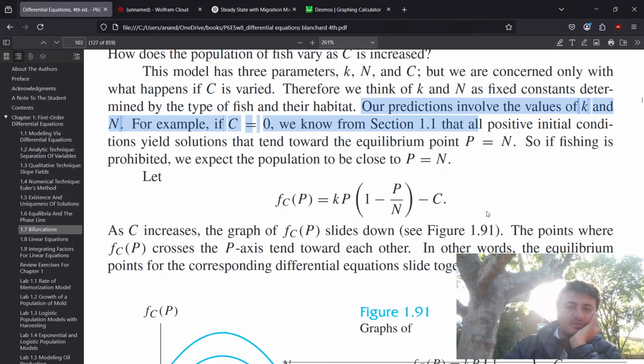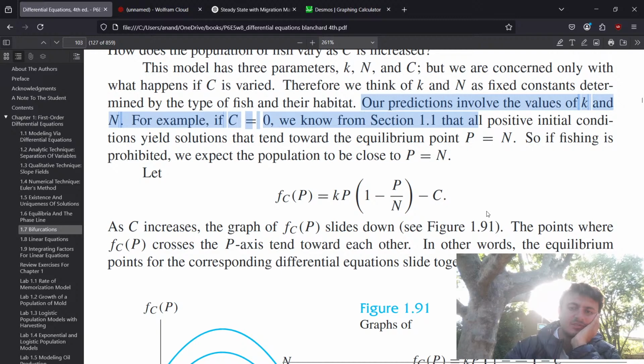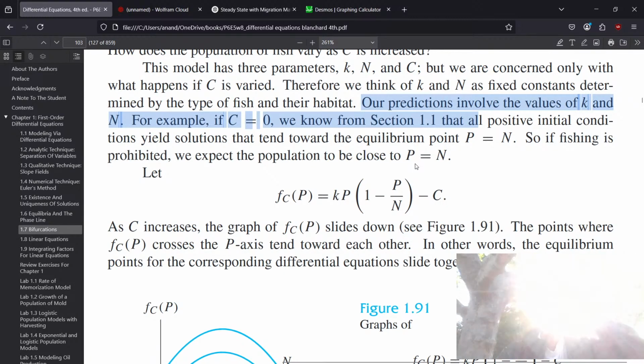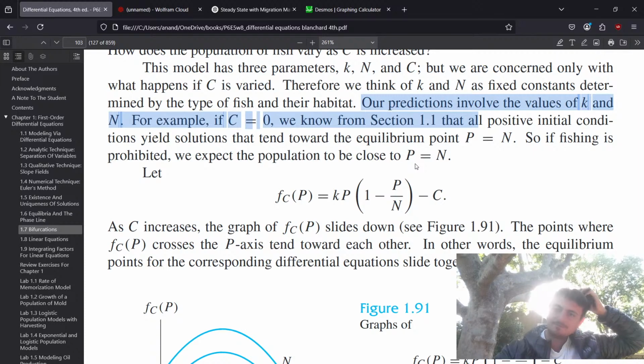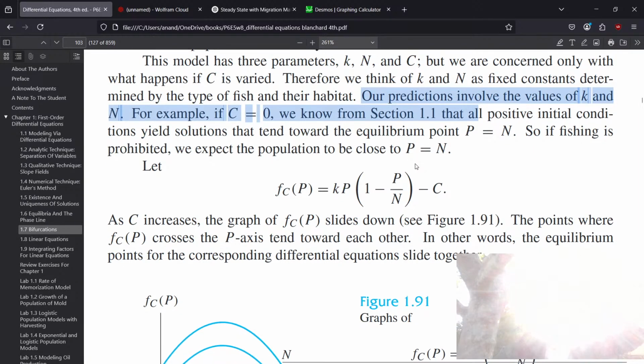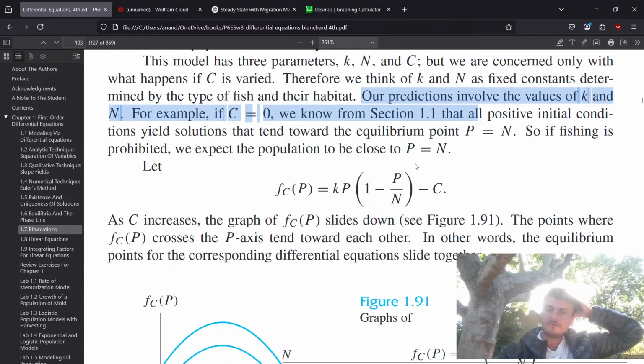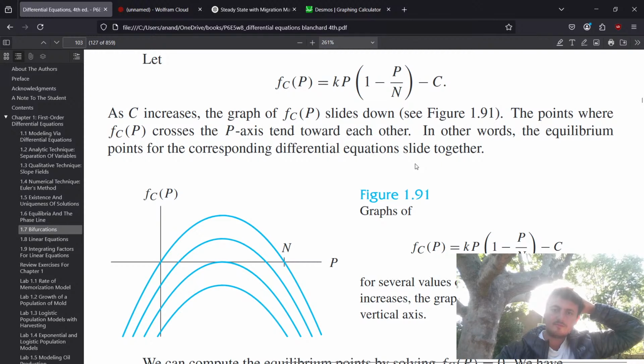So if fishing is prohibitive, we expect the population to be close to p equal to N. As C increases, the graph of f sub c of p slides down.